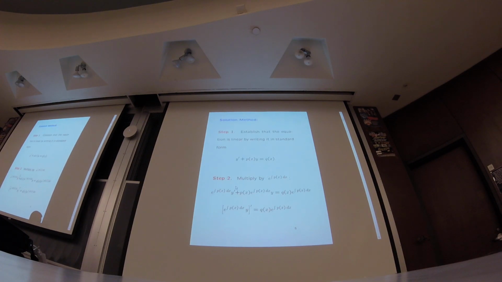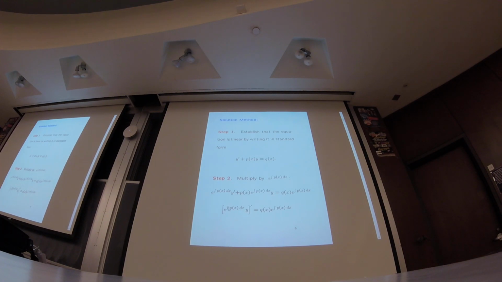So you multiply by e to the integral p. The equation now looks like this, and the left side is the derivative of e to the integral p times y. You can check. This is a product: first function, derivative of the second, plus the second function, y.